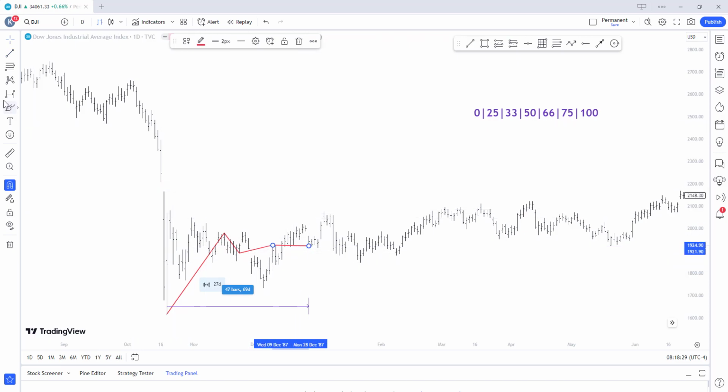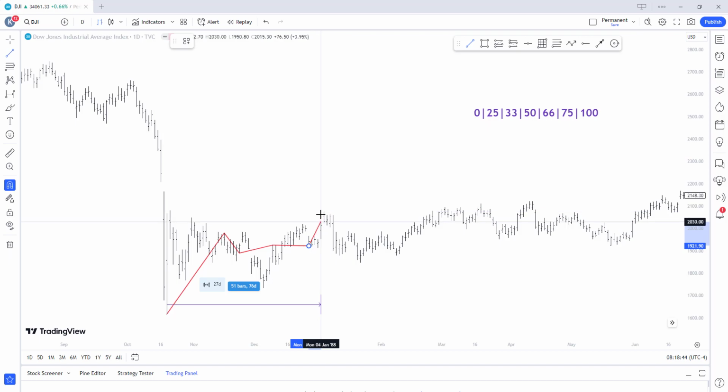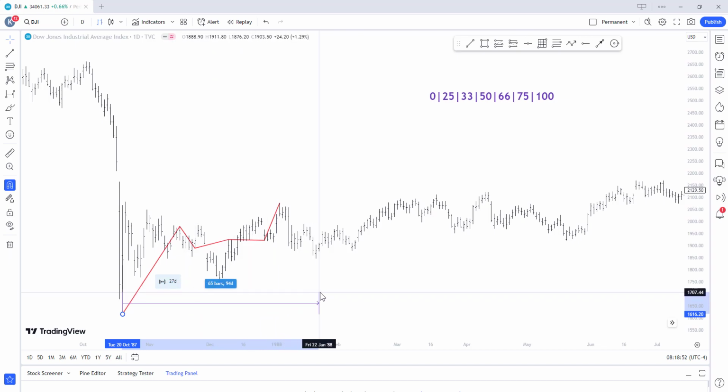So this is like 66. The next one would be 75, right there. And this could also be orb. Okay, that's why I'm counting it from the bottom to 100. This bar.